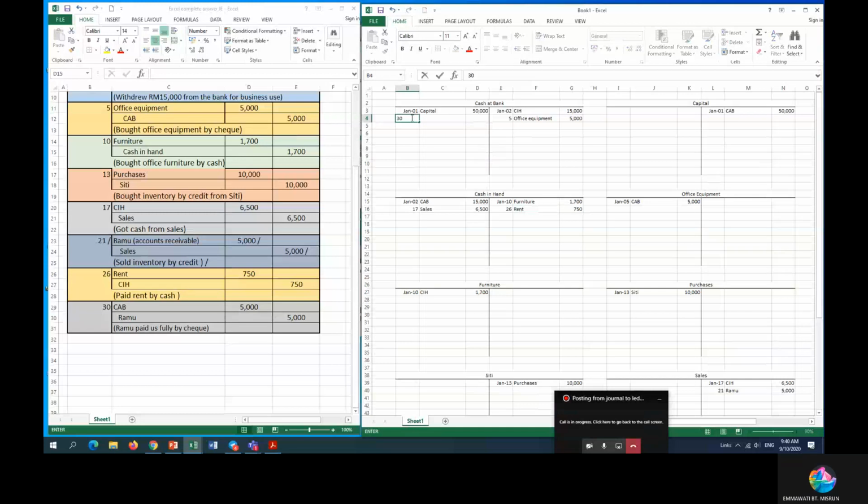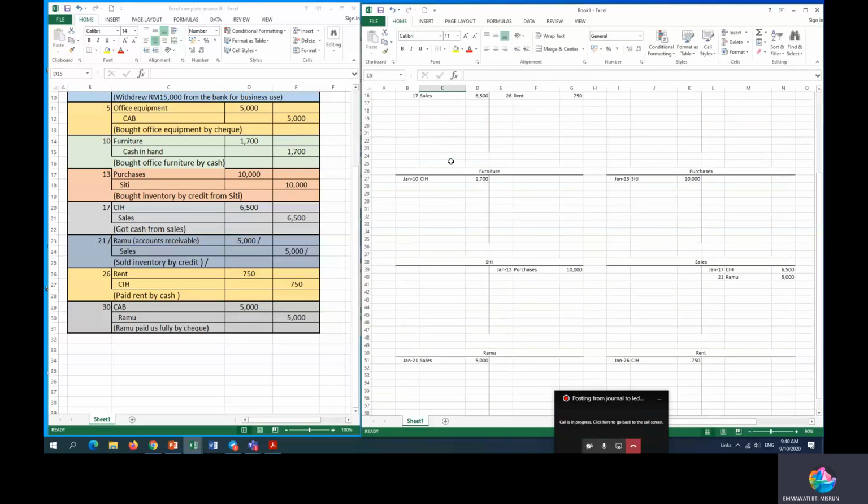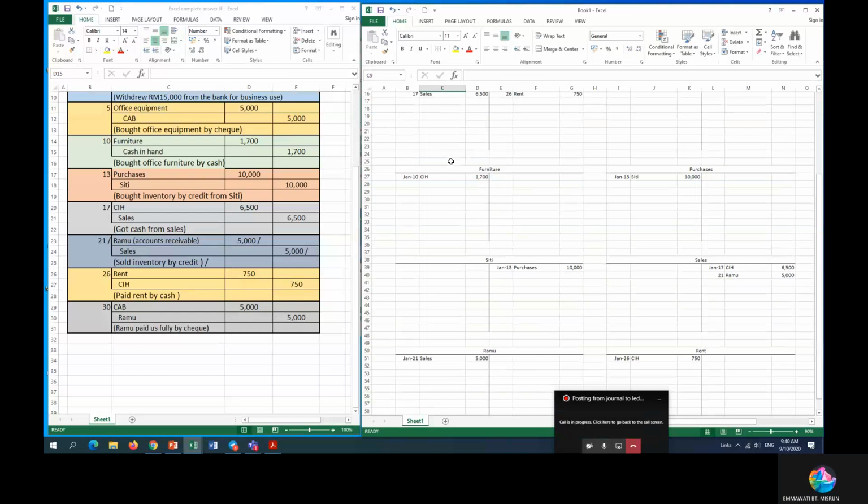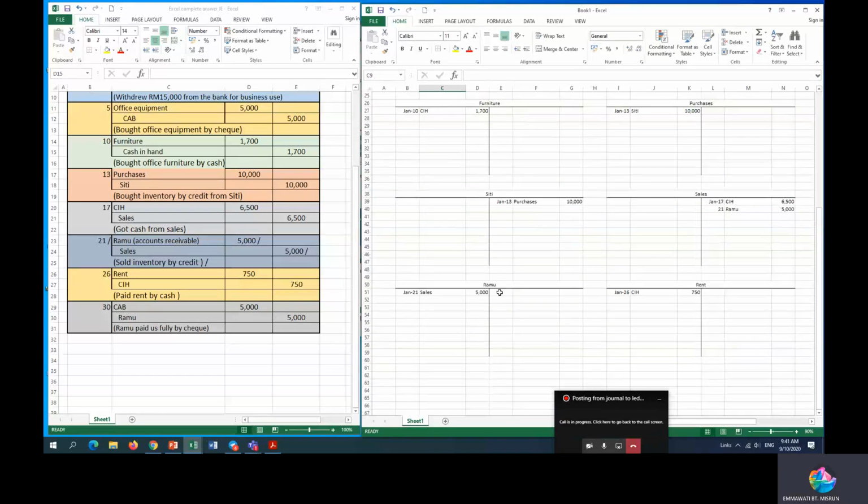So on January 30, debit the cash at bank with Ramu, and the amount is 5,000. And for Ramu's account, credit Ramu on January 30 with cash at bank by the amount 5,000.